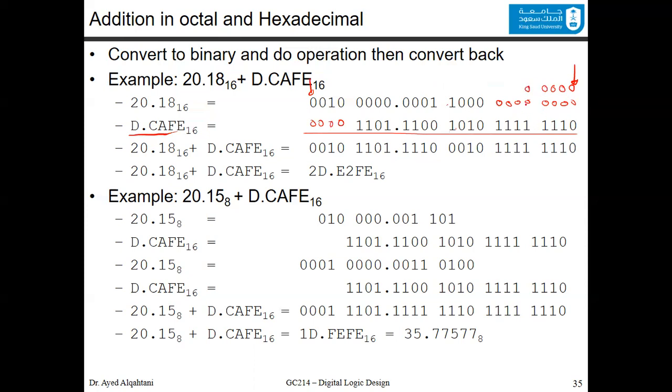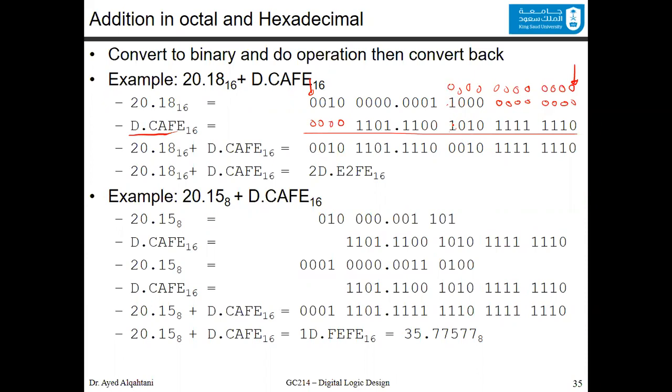And you will continue. You will find out that you are just dropping those values because you are adding them with zeros. Now here, 0 plus 0 plus 1 is 1, and the carry is 0. 0 plus 0 plus 0 is 0, and the carry is 0. 0 plus 0 plus 1, now the numbers are different. So 0 plus 0 plus 1 is 1, and the carry is 0. 0 plus 0 plus 0 is 0, and the carry is 0.